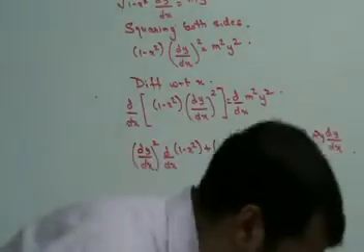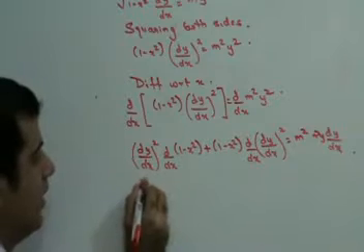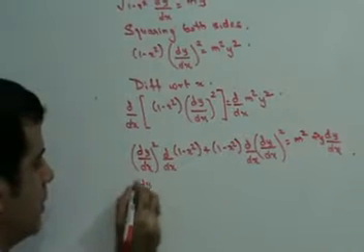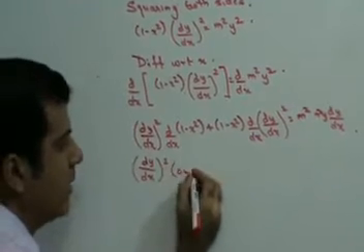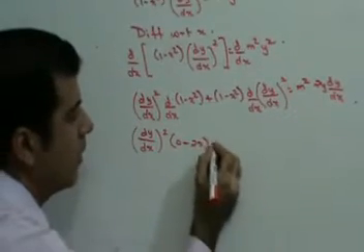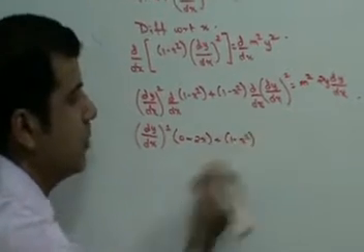Let's move on ahead, guys. Let's see this. Dy by dx the whole square, times d by dx of 1 minus x square, which is 0 minus 2x, plus 1 minus x square.